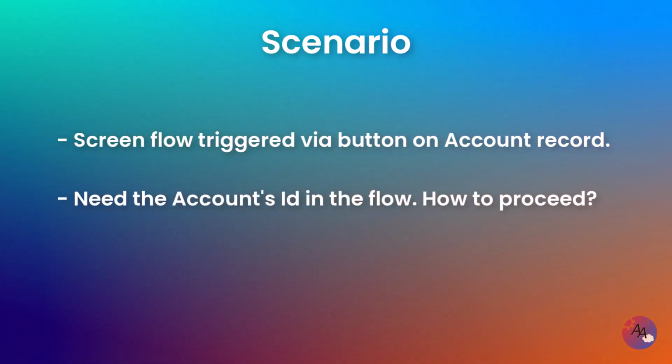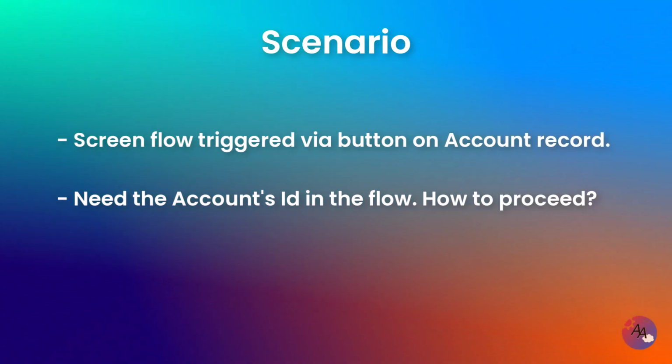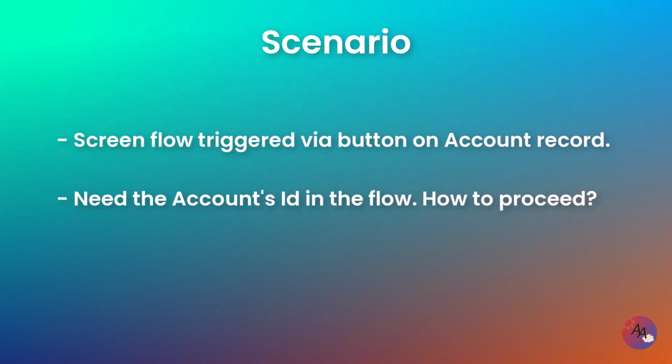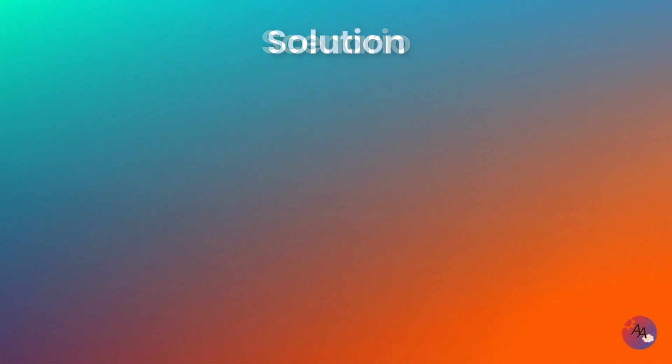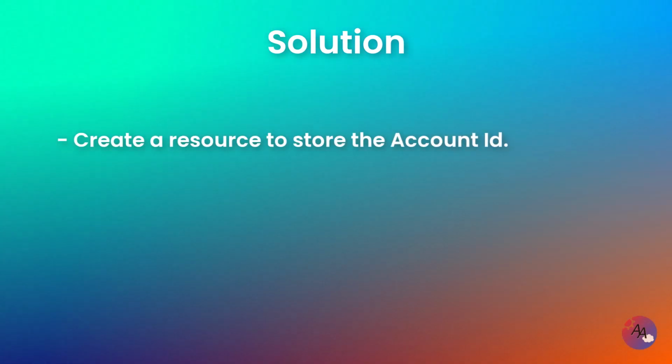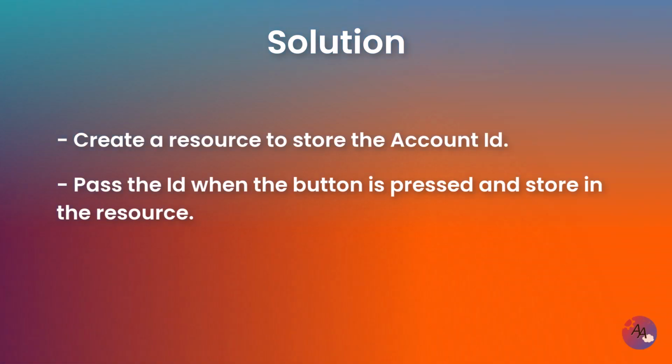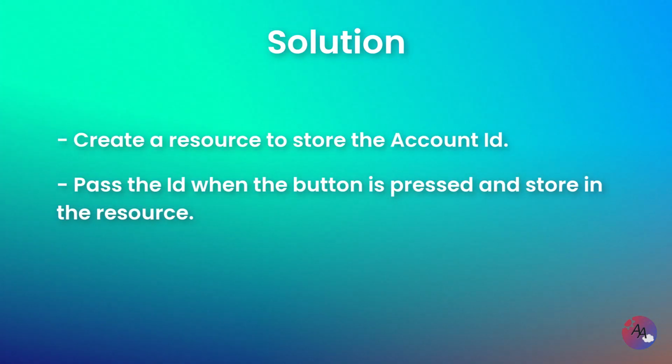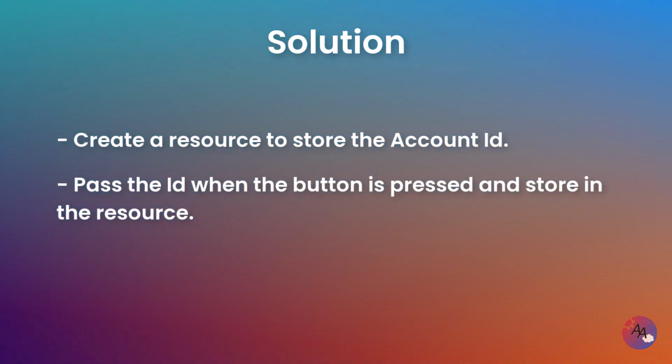We could ask the user to enter in the account's ID, however, that isn't an optimal experience since the user navigated to the account to press the button. What we can do to save the user a step is create a resource in the flow that can store the account ID, then pass that value into the flow when the user presses the button. We can then use this ID to get information about the account, such as the name and address.